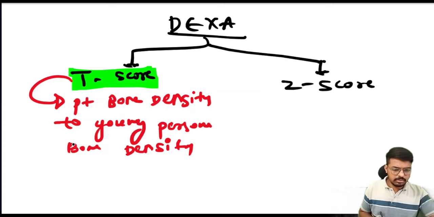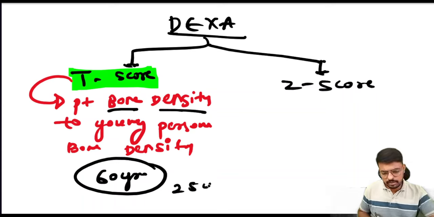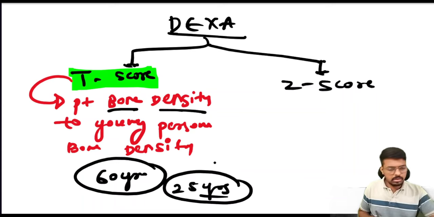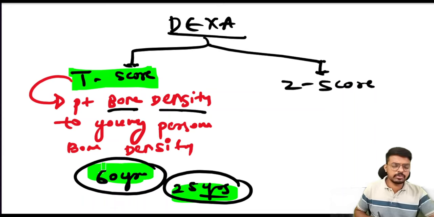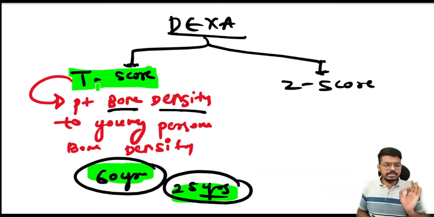Consider a 60-year-old patient. We have to compare this patient's bone density to a young patient, meaning a 25 to 30-year-old patient's bone density, and give the scoring. All you have to remember is that in the T score, the comparison is between the young bone and the patient's bone.